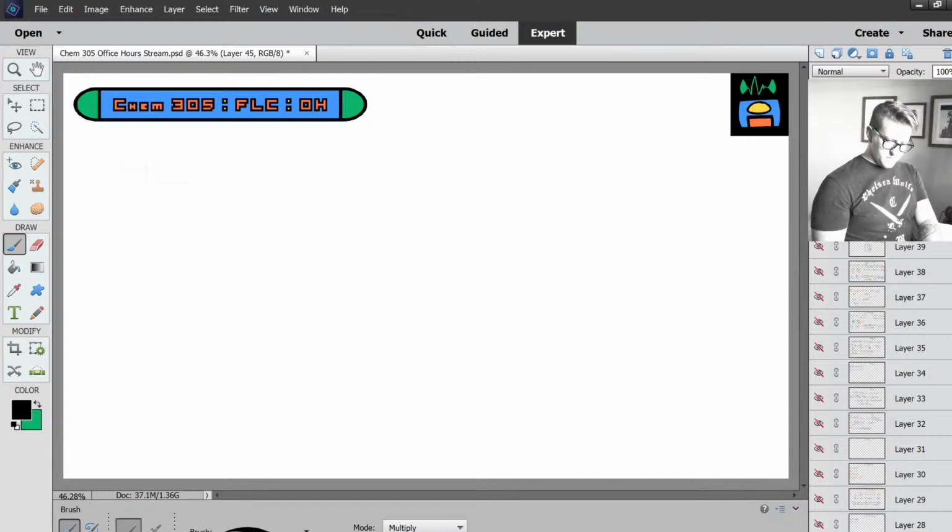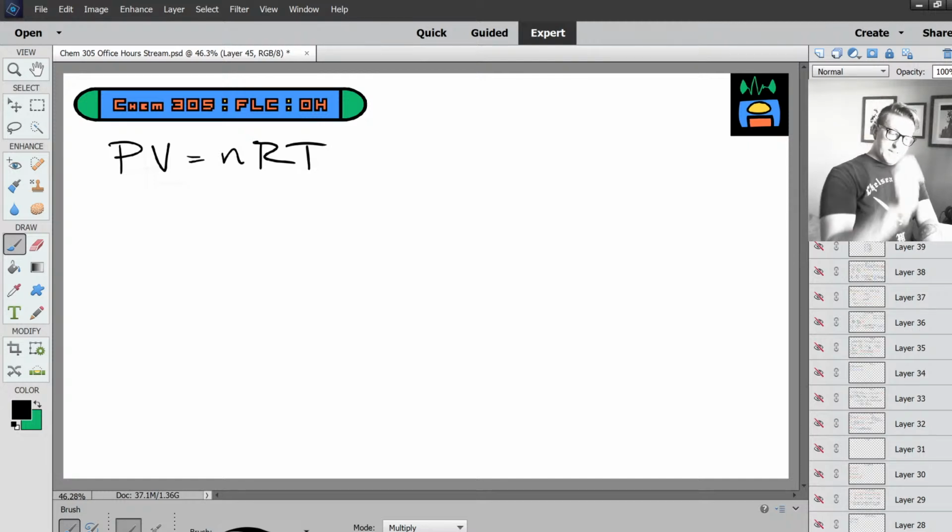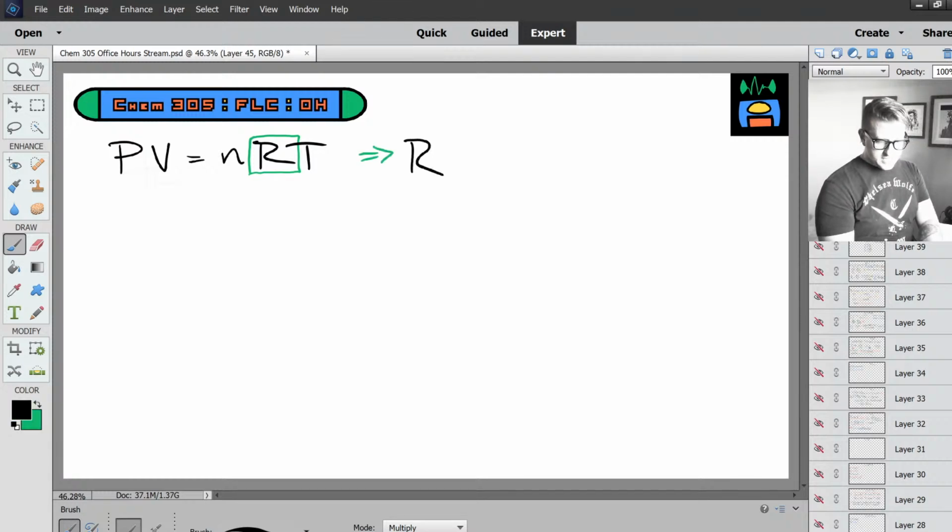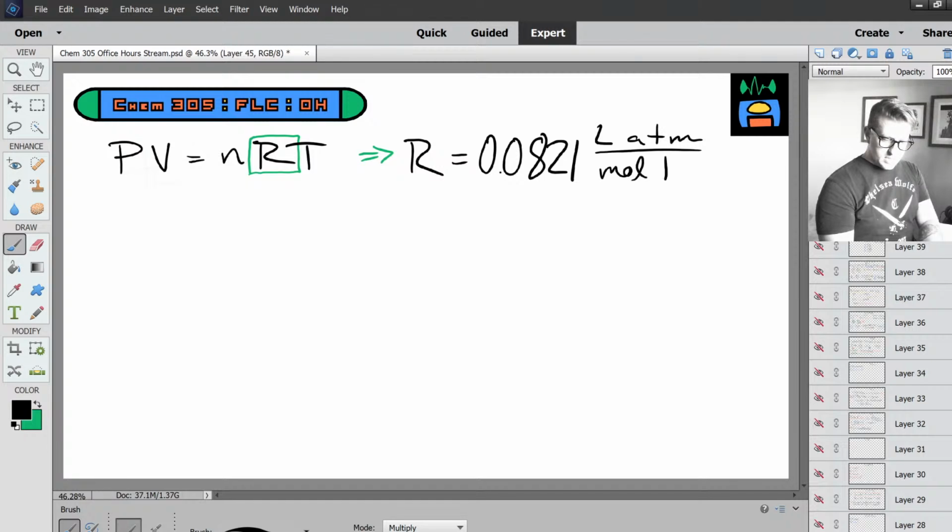So if you want to use PV equals nRT, the thing that limits you usually is the ideal gas constant, because the ideal gas constant is equal to 0.0821 liter atmospheres per mole Kelvin.